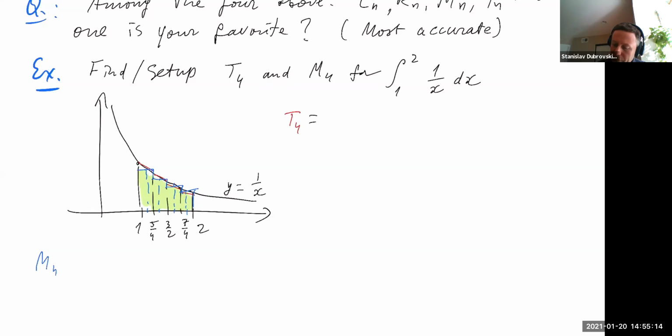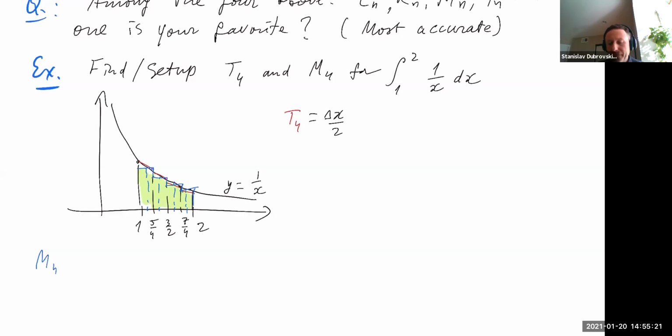We averaged left and right, so of course we got delta x over 2. And then write the general formula first. That's the most effective way to avoid mistakes. f of x naught plus twice f of x1 plus twice f of x2 plus twice f of x3.